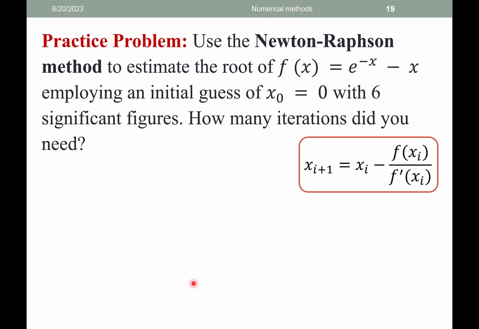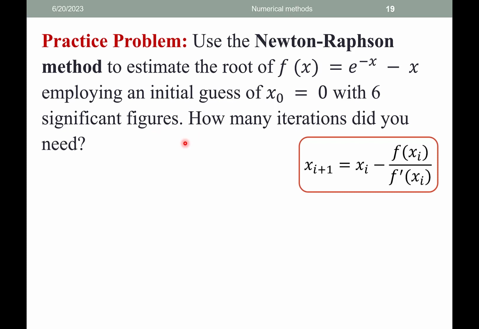All right, so now we have a practice problem using the Newton Raphson method, which is estimating the root of the function e to the power of negative x minus x, employing an initial guess of x0 equals 0 with 6 significant figures. How many iterations did you need to find the root of this function?